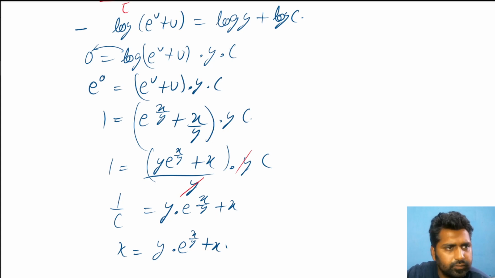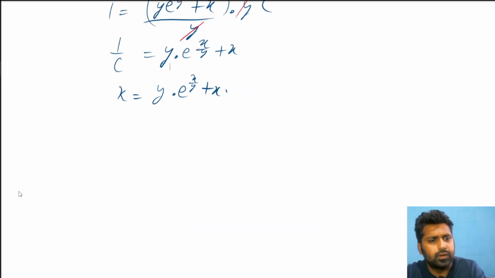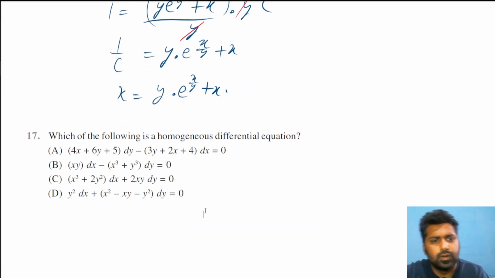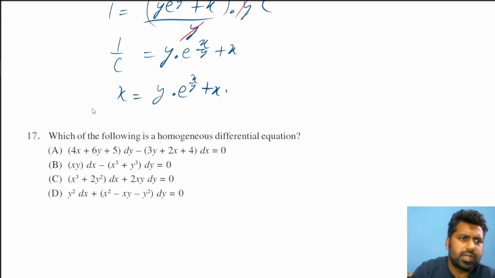One question, MCQ sort. You have to find which is a homogeneous equation or not, and again I'm going to use the method of degree. Degree 1, degree 1, degree 0. So when it is 1, 1 and 0, you cannot combine them together.